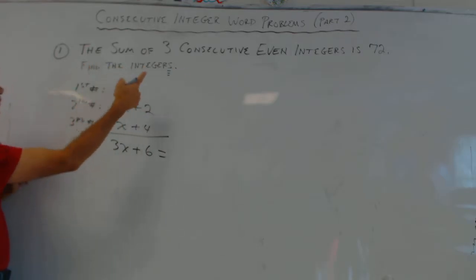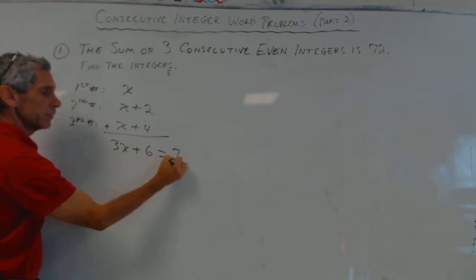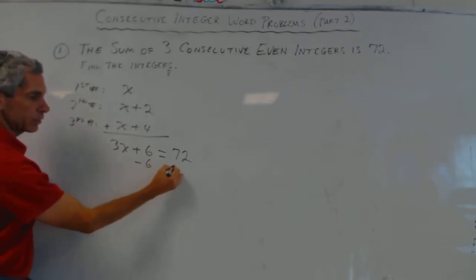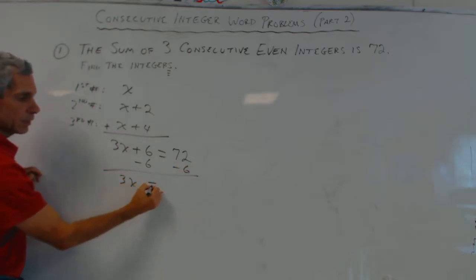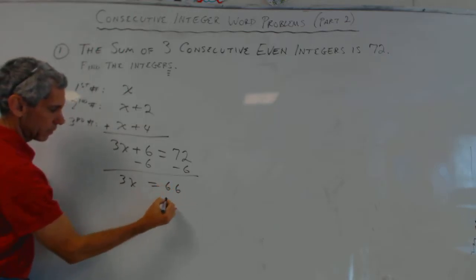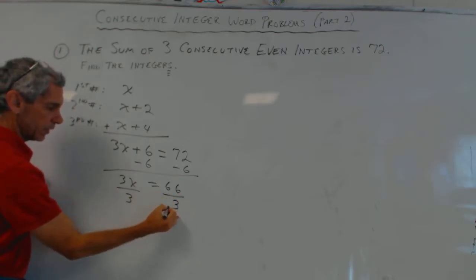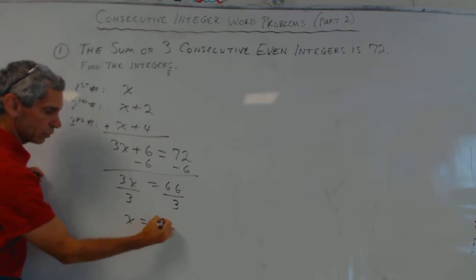That's the sum of 3 consecutive integers, equals 72, right? So now all I have to do is subtract 6, and I have 3x equals 66, right? And then I'm going to divide by 3, and I have x is equal to 22.